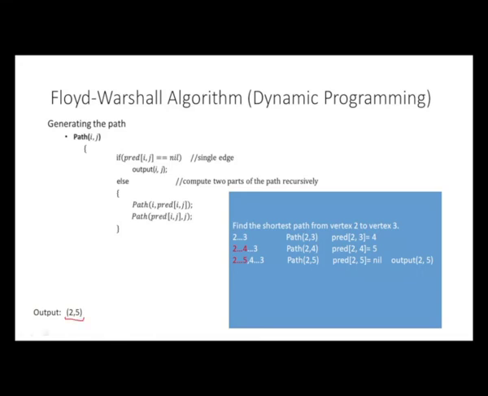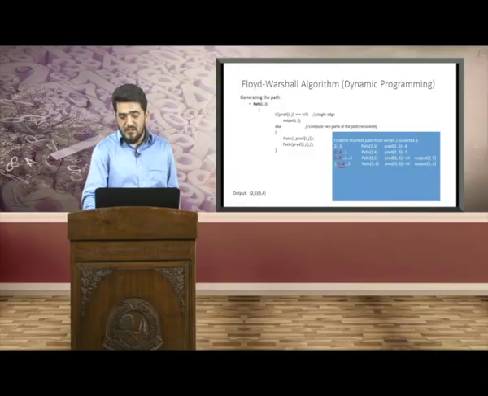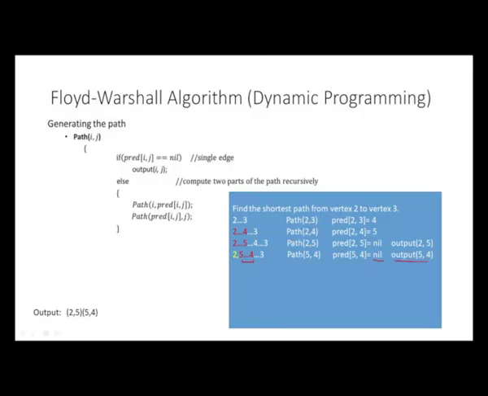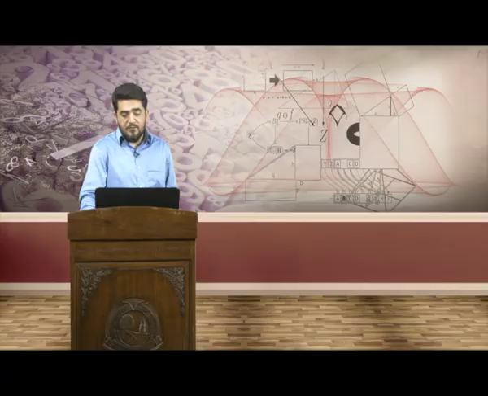Now there are certain pending function calls that need to be made. 2 to 5 is done, so we need to make a call for 5 to 4, and let's suppose we find that the predecessor for 5 to 4 is nil. So there is no intermediate vertex from 5 to 4, and we simply output edge 5 and 4. Similarly, 5 to 4 is done, so we are still left with 4 and 3.